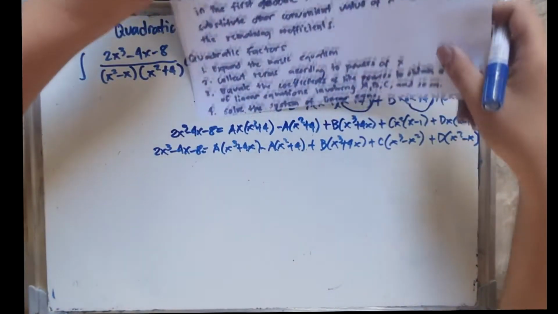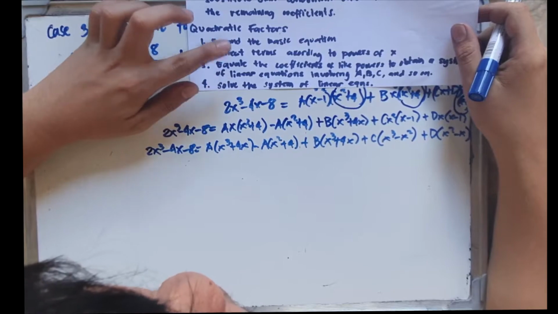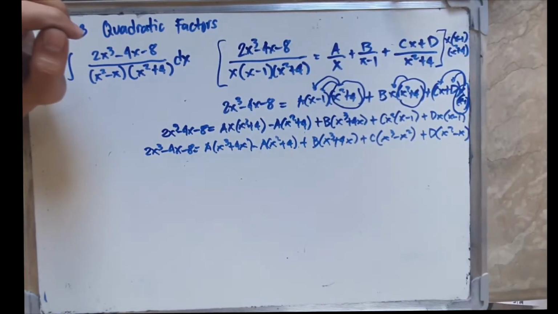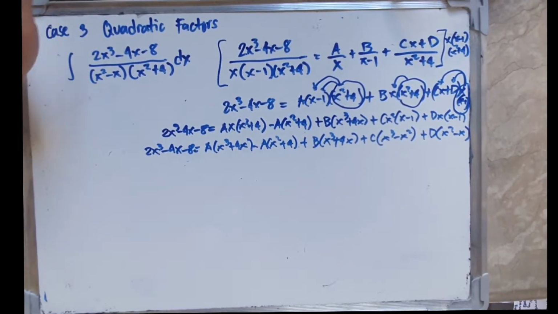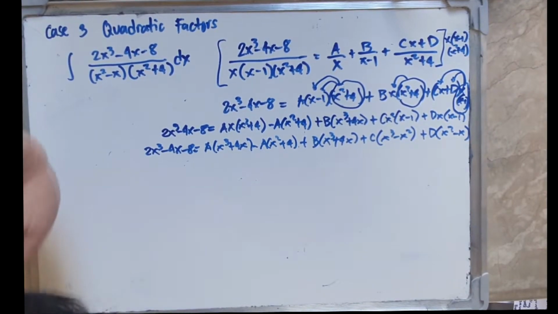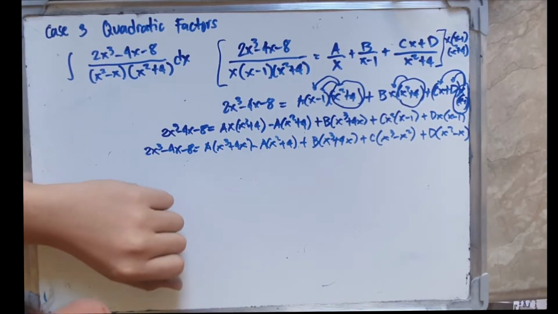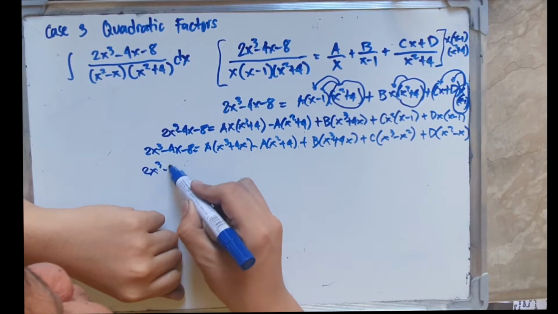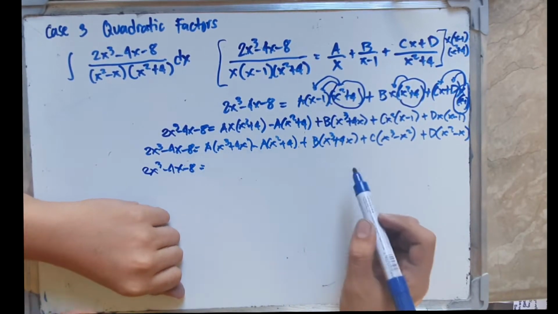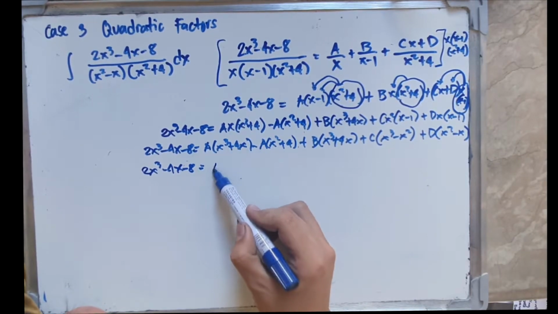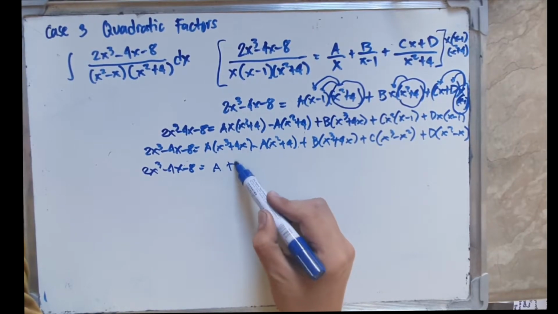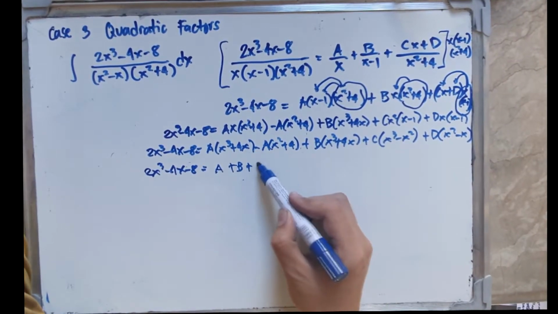Now we're going to collect the terms according to power. So which term has cube? So the coefficient that has power. So 2x cubed minus 4x minus 8. For the cube, we have a, there's no other cube, plus b, we have the cube plus c.